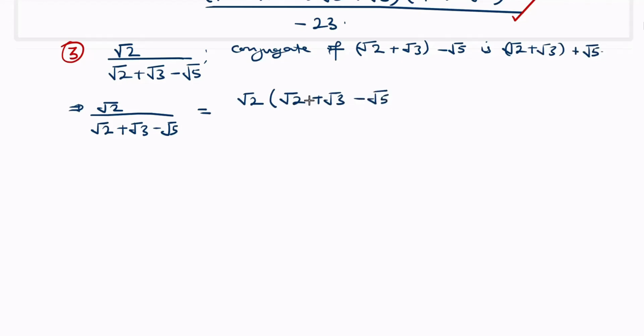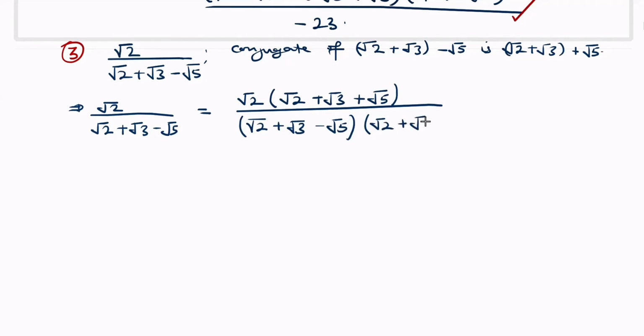I mean plus, this is a plus, sorry, the conjugate has a plus, so we close the brackets, divided by the square root of 2 plus the square root of 3 minus the square root of 5 multiplied by its conjugate, which is the square root of 2 plus the square root of 3 plus the square root of 5. Close the brackets.